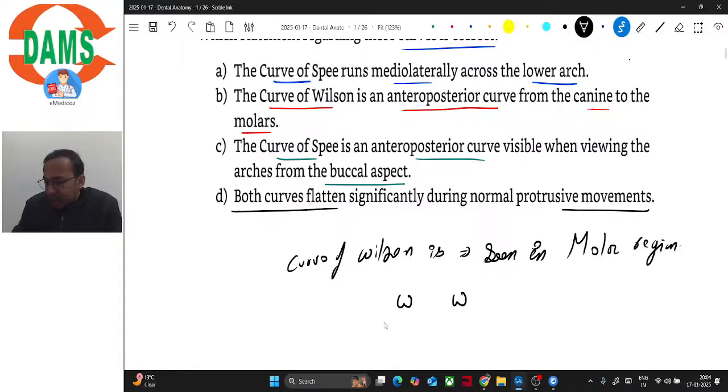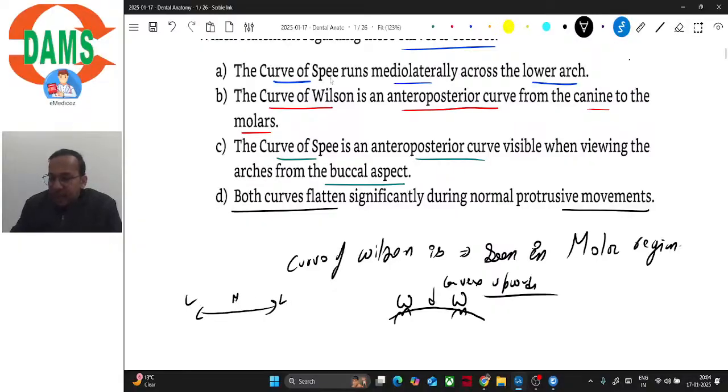It is seen in molar region, and this curve is convex upwards, isn't it? So basically it runs mediolaterally. The curve of Wilson, it runs mediolaterally, and the curve of Spee, this runs anterior-posteriorly.